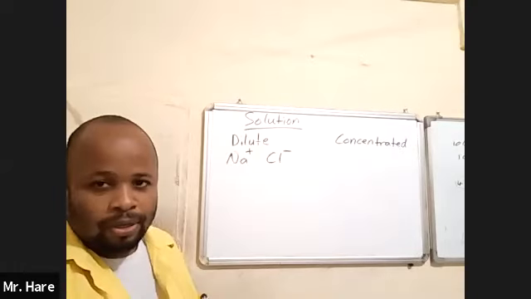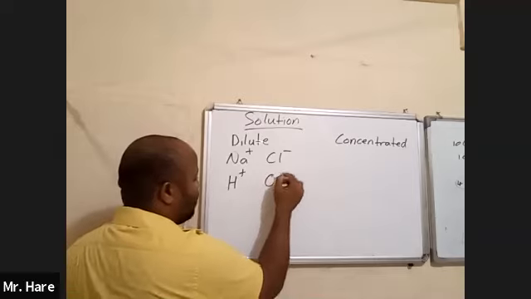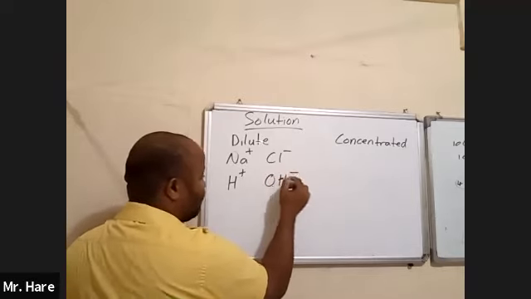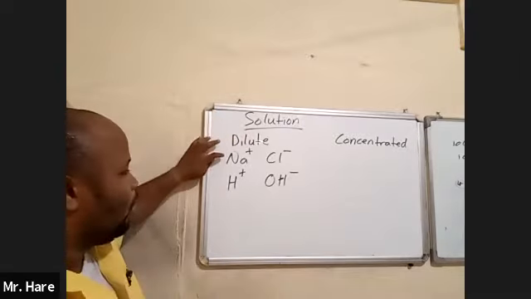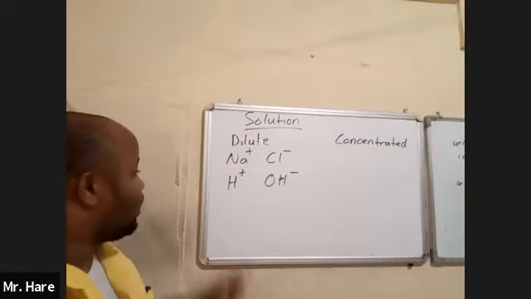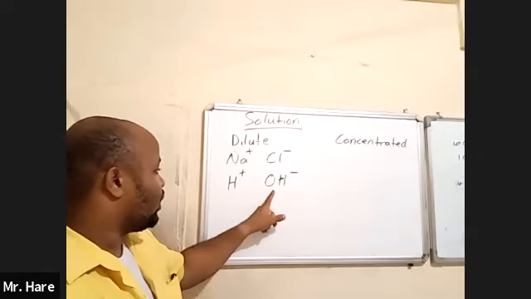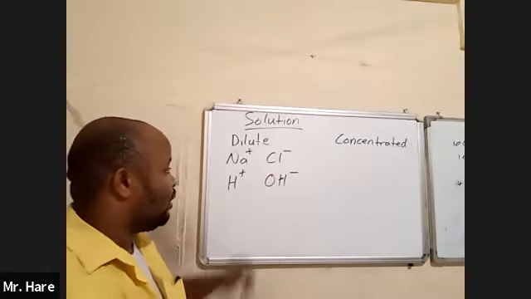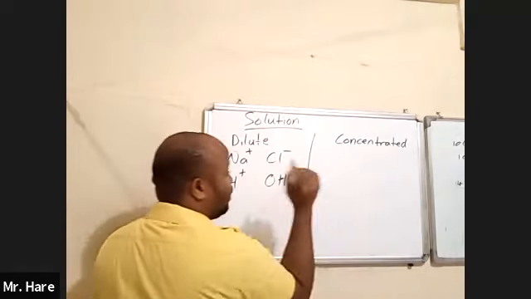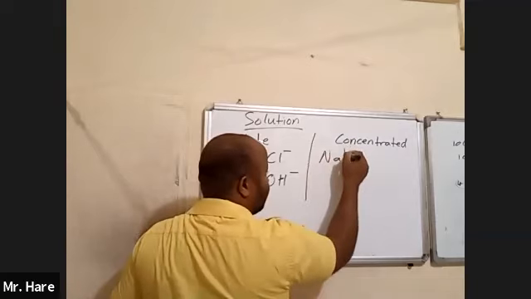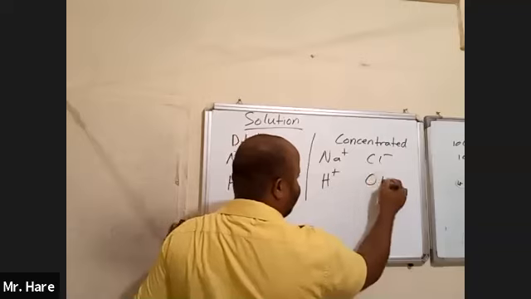But from water, you will have hydrogen ion and hydroxide ion. So once it's a solution, you no longer just have the ions of the salt, but you have hydrogen ion and hydroxide ion from water. Whether it's diluted or concentrated, it doesn't matter, it's a solution. So these ions will be present.